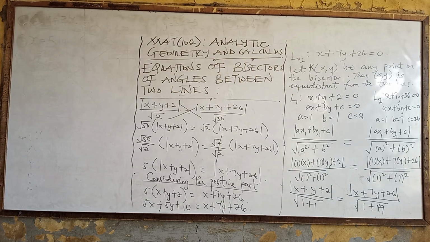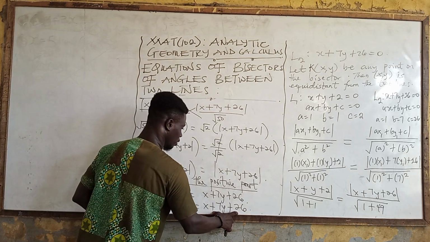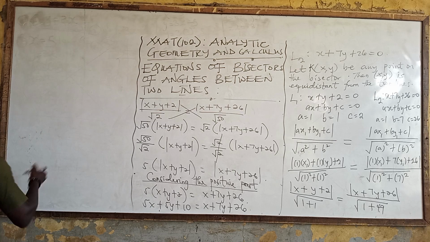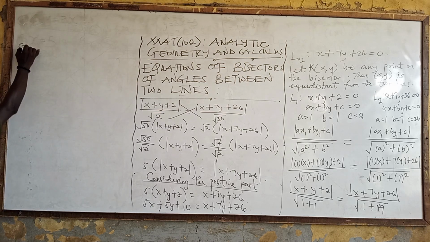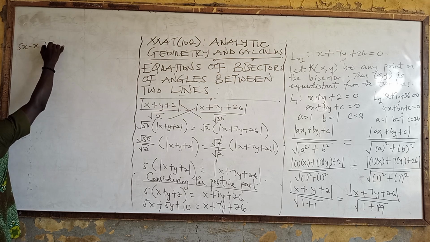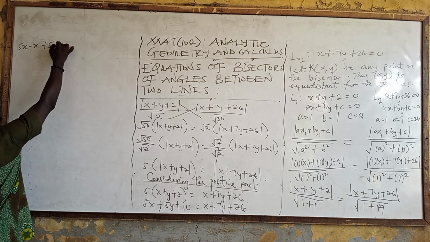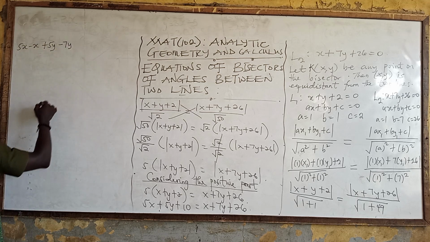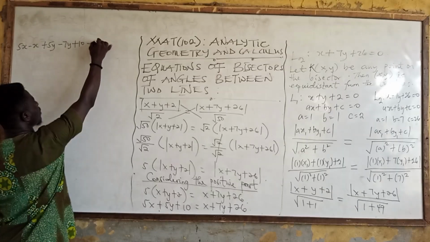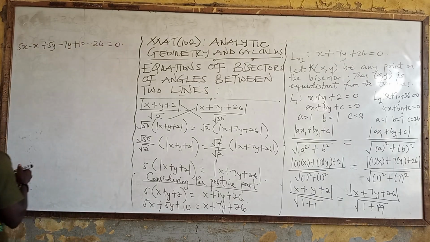All right, so let's send all these terms to the left hand side. So I have 5x minus x, then plus 5y minus 7y plus 10 minus 26 equals 0.